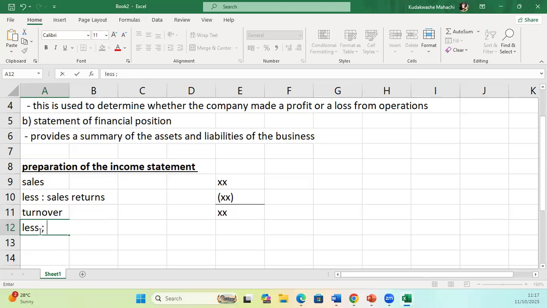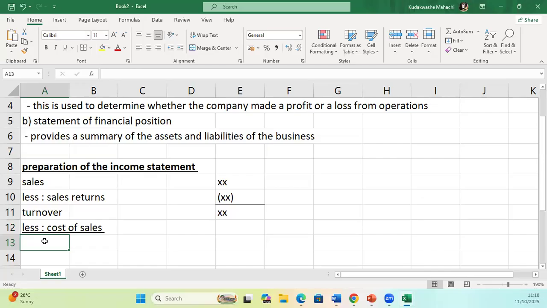The cost of sales, these are the costs you have incurred to buy the items you have sold. So the cost of sales, it could be you are producing to sell or you are buying and selling. In the case that you are producing to sell, the cost of sales is the cost of production.